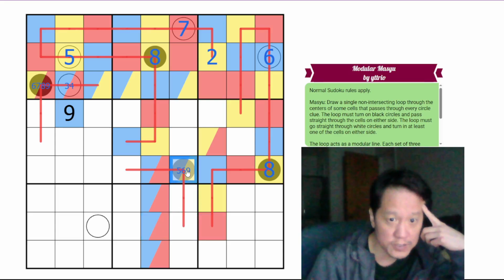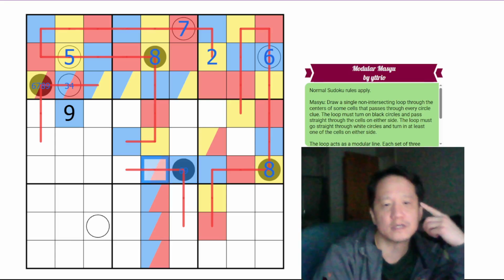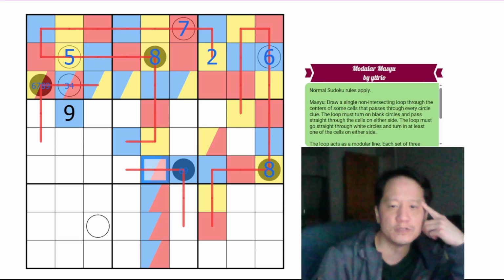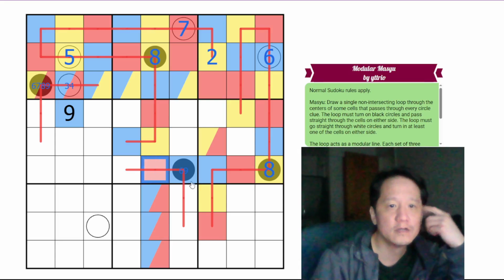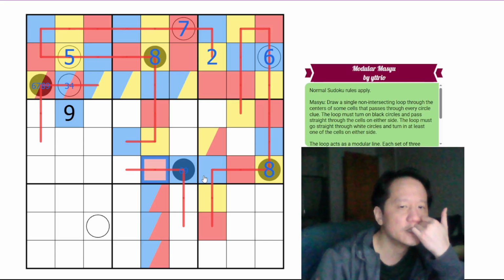Because then, this cannot be 5 or yellow. It's blue. So this is 6, which means this can't be blue. This is red. So blue, red, yellow. So this is yellow. So this is yellow. This is red.